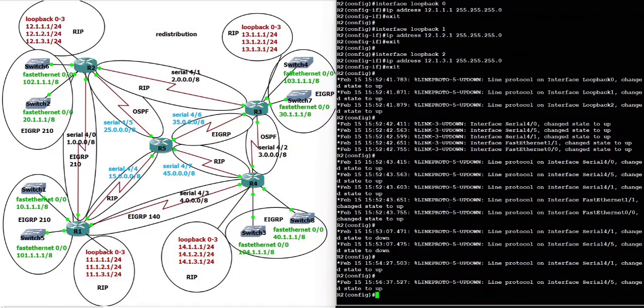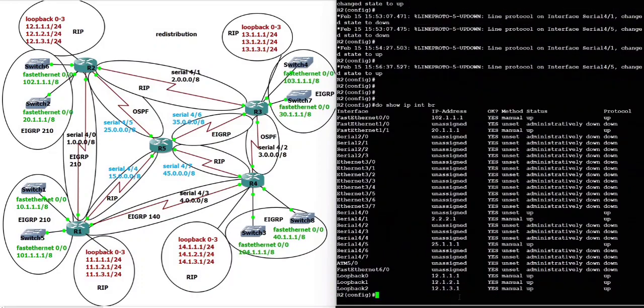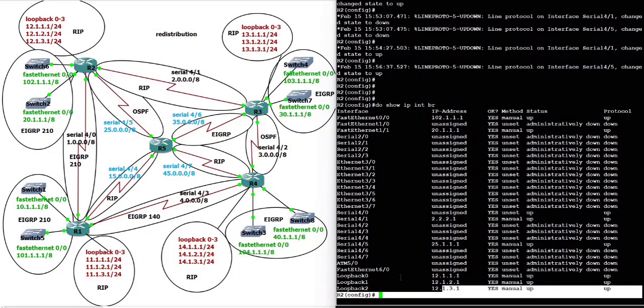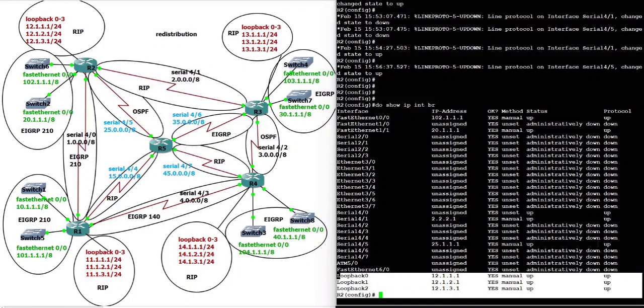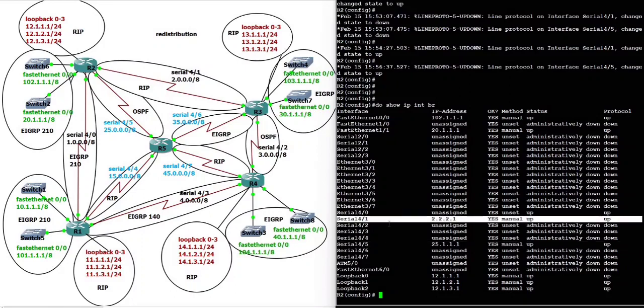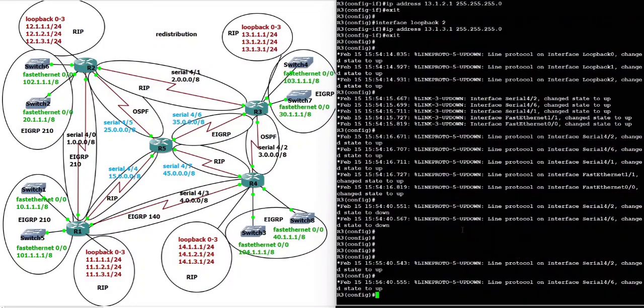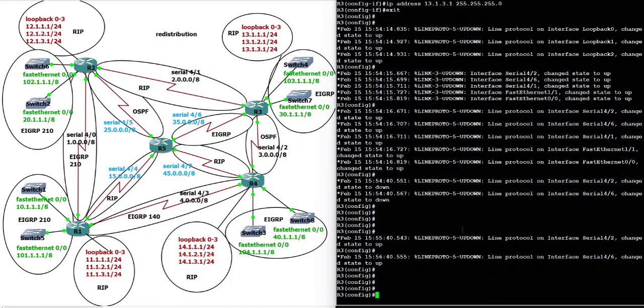Now on router 2, here we have three loopback addresses. Serial 4/5 is up, which is connected to router 5. Serial 4/1, fastnet, everything is up.